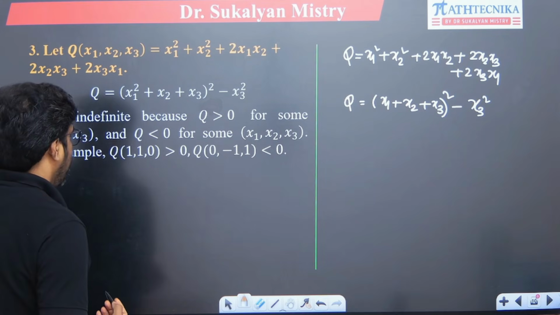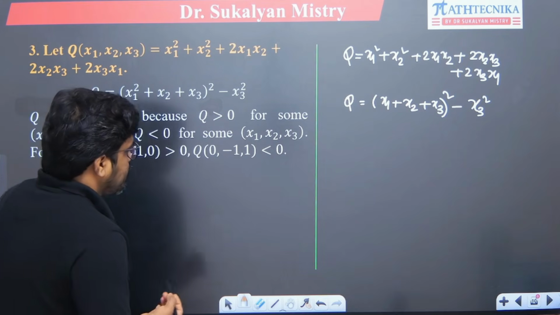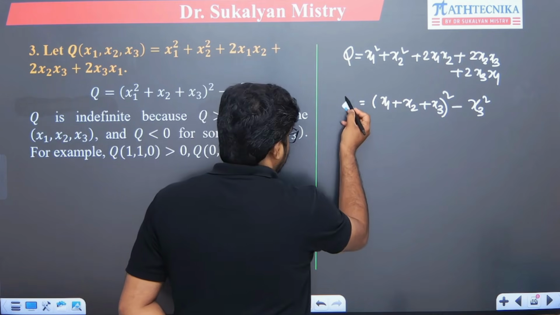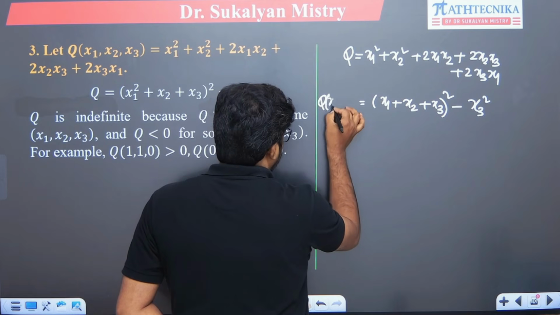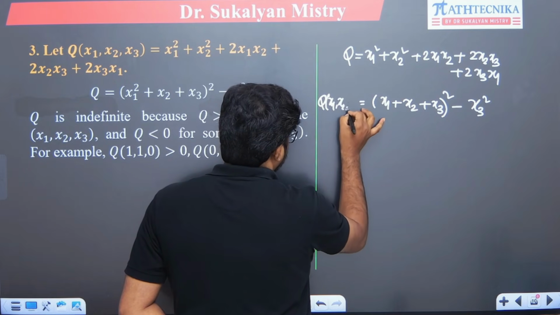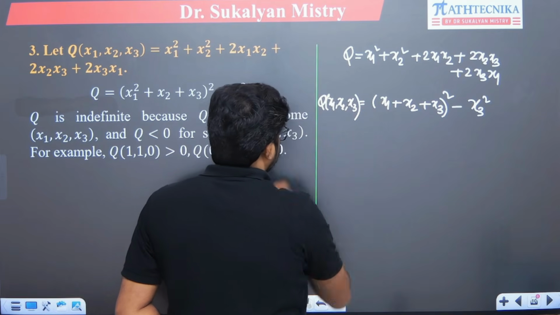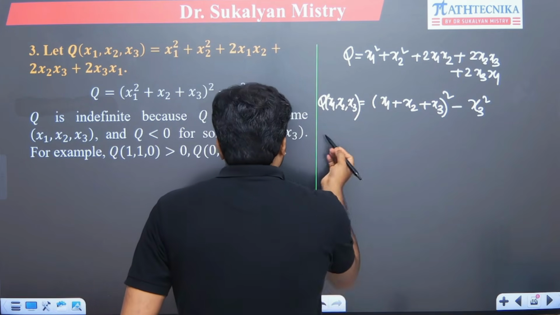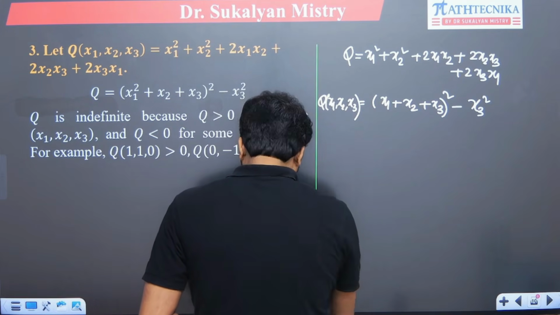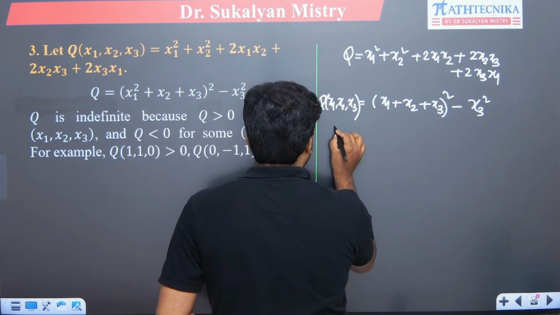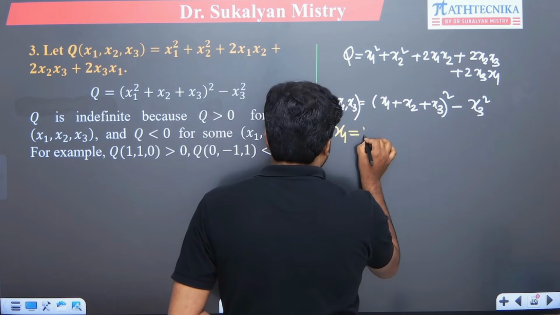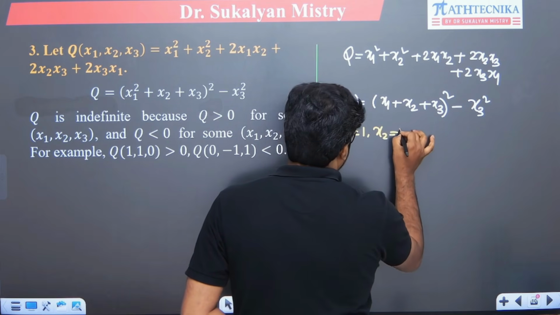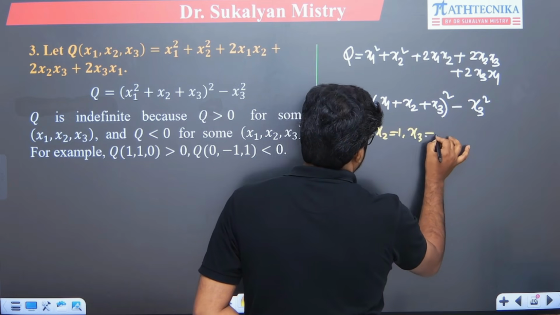Okay, দেখো আমি যদি what is q basically? Q is x1 x2 x3. Now suppose we choose x1 is 1, okay, x1 is 1, x2 is 1 and x3 is 0.